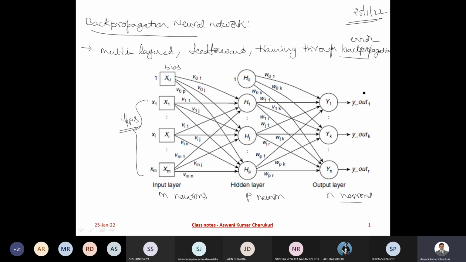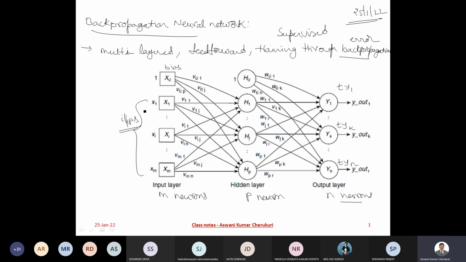And since your network is a supervised network, I must say that this is a supervised environment. So every node in the output will have a target. That means you will have T1, Tk, TN. So every node in the network's output layer will have a fixed target.